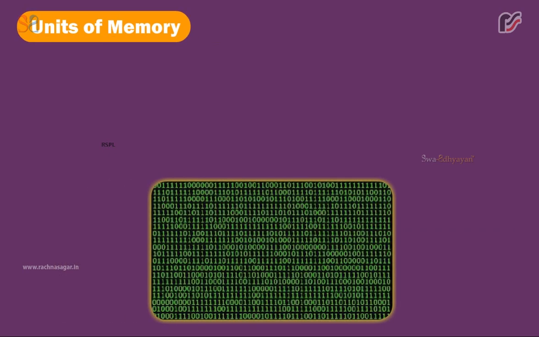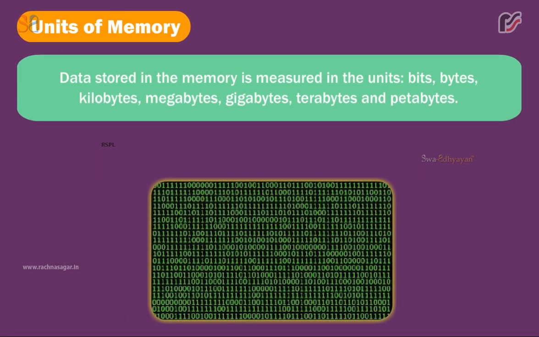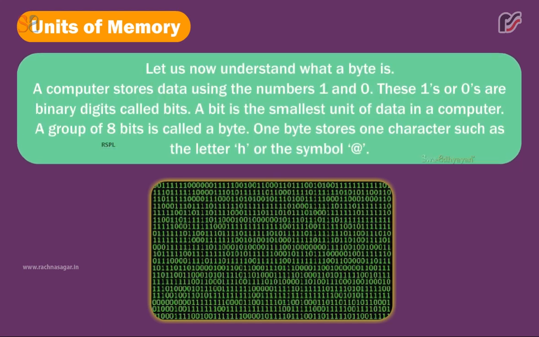Units of memory. Data stored in the memory is measured in the units: bits, bytes, kilobytes, megabytes, gigabytes, terabytes, and petabytes. Let us now understand why a byte is. A computer stores data using the numbers 1 and 0.